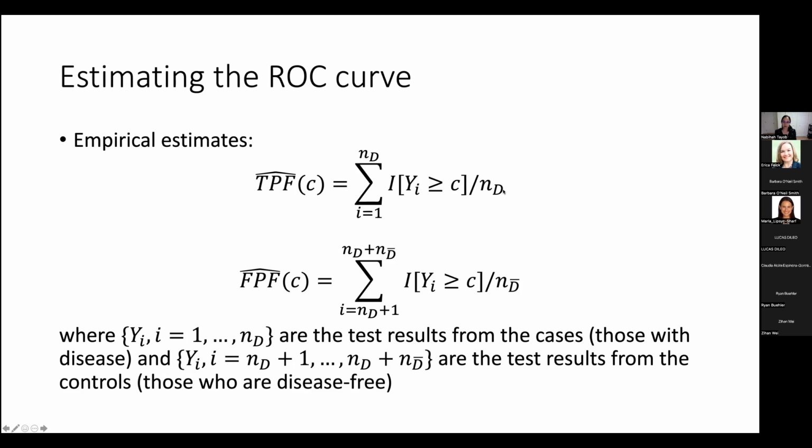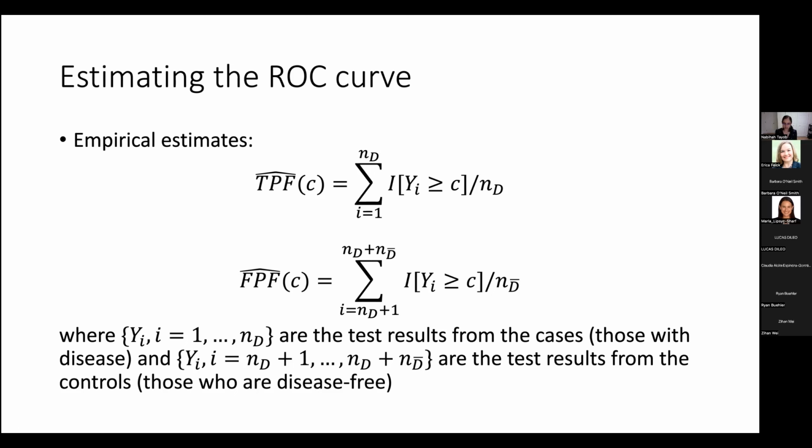Let's say N_D is the number of patients in the cases, those with the disease, and N_D-bar is the number who are disease-free. Among those with the disease, we calculate the proportion who are biomarker positive. Among those without the disease, we calculate the proportion who are biomarker positive to get the false positive fraction. And then one minus that is our specificity.